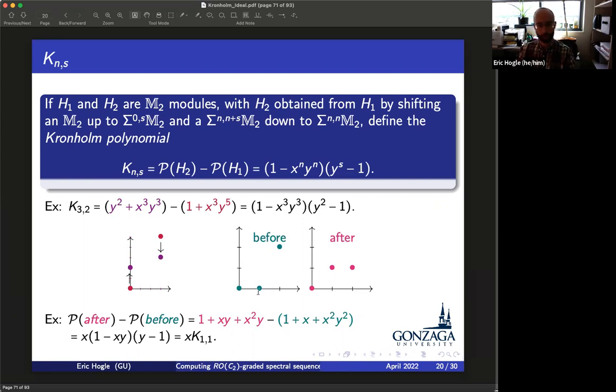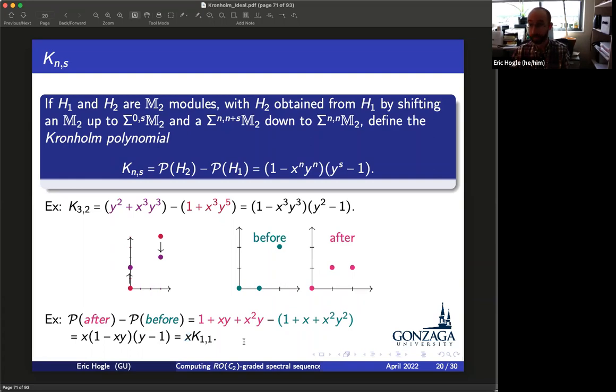In this example, I'm not shifting up an M2, I'm shifting up this thing here, which means that I've taken a story that could have started at the origin and I've moved it to the right. And if you look at the algebra here, what you get is that, yeah, this is like a K_{1,1}. It's a shift up by 1 to something that's over 1, but it's been shifted to the right. So that's where we're getting this x here. So basically, I want to take these K_{N,S}s, and to quantify all of the possible Cronholm shifts that can happen, I need to be able to multiply them by arbitrary elements of the polynomial ring, x's and y's.